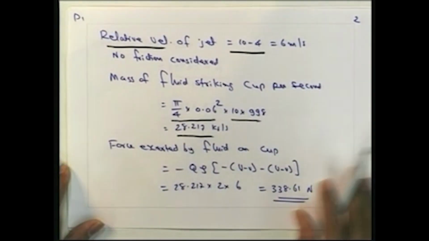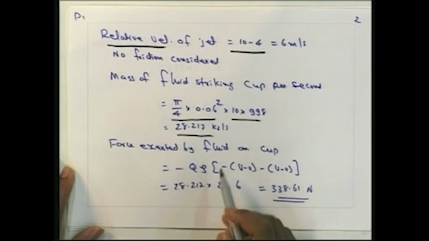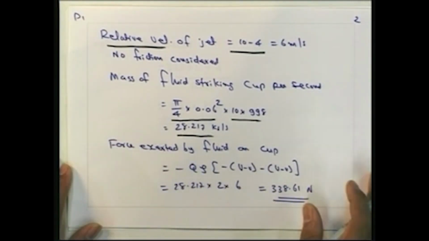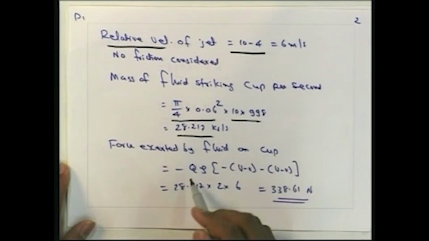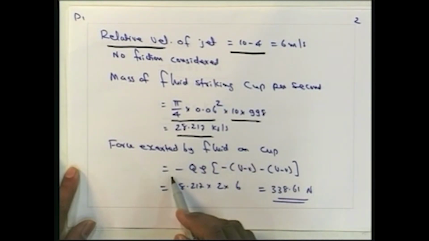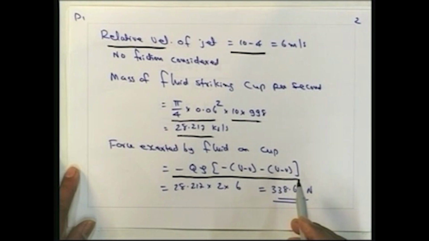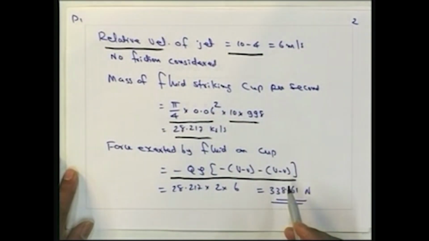Now we want to find out the force exerted by the fluid on the cup. That is obtained with respect to the equation we have derived. The force exerted by the fluid on the cup is equal to minus q rho into the velocity change, or the relative velocity.